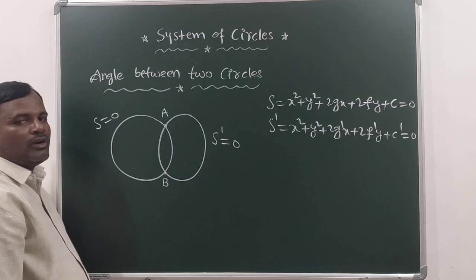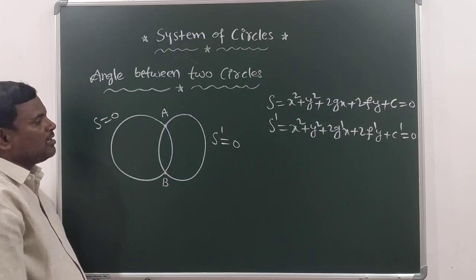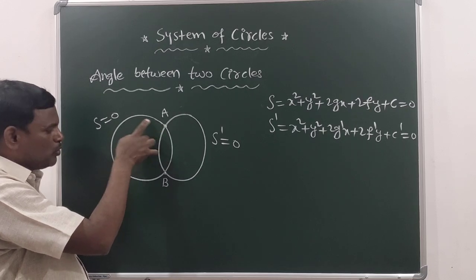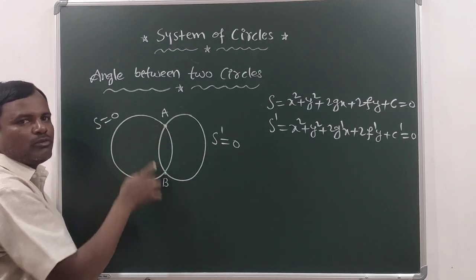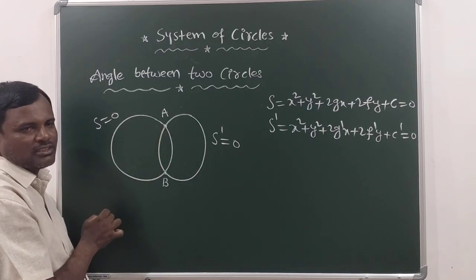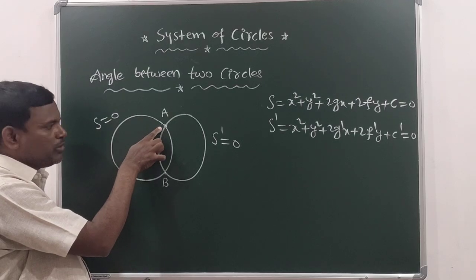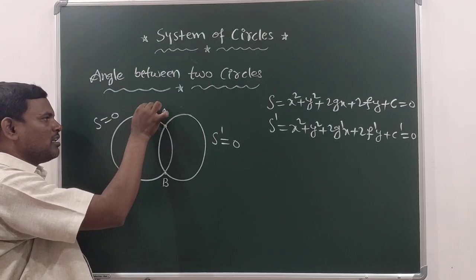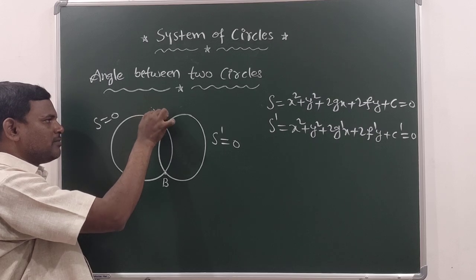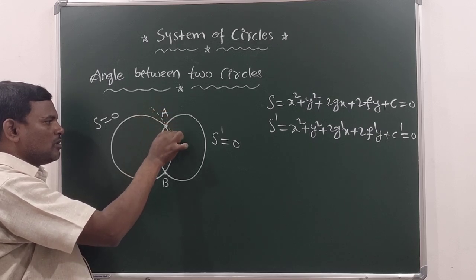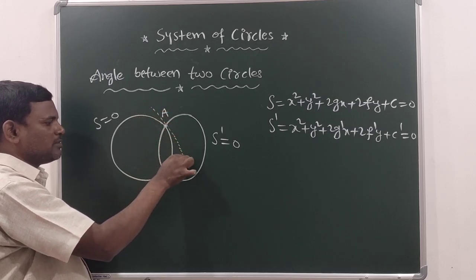Now draw the tangents to both circles at the points of intersection. Come to here, and this is one of the points of intersection. Draw one tangent there. This tangent will move like this.